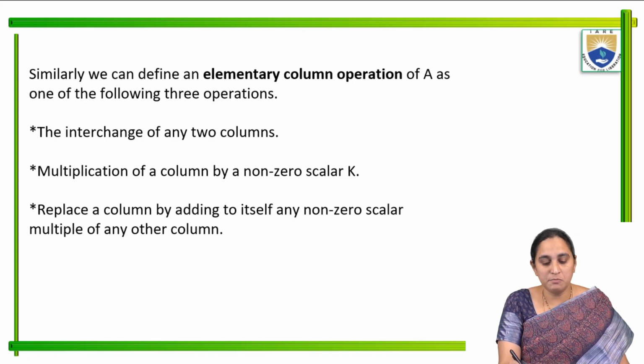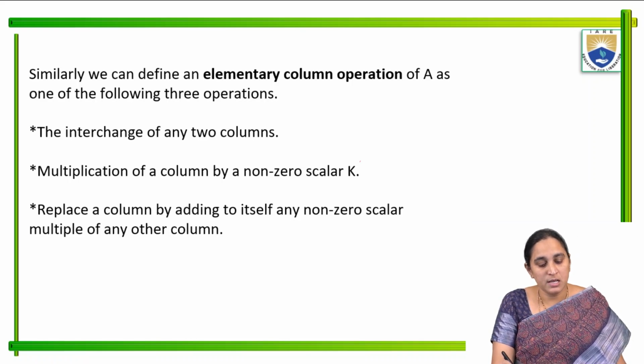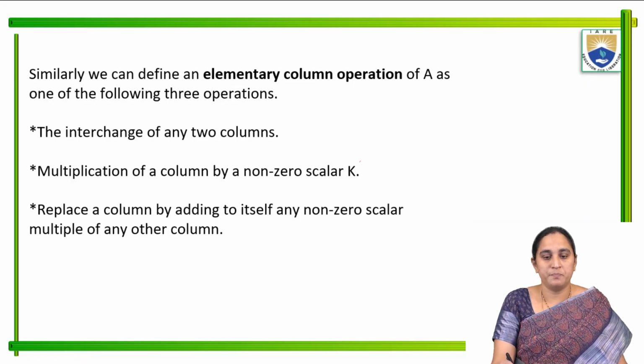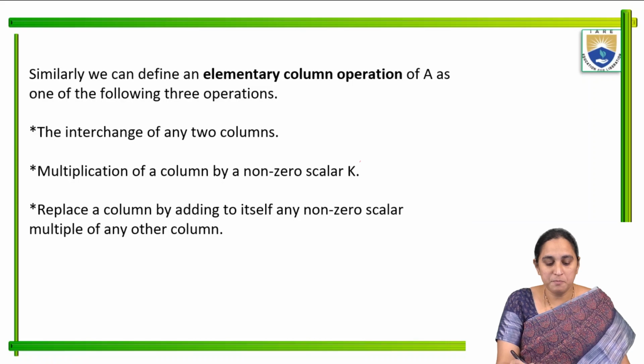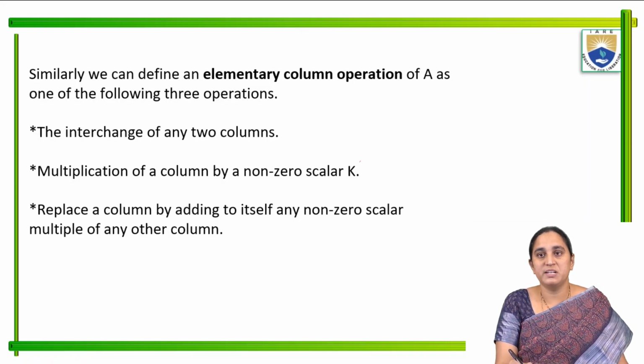The second is multiplication of a column by a non-zero scalar k. The third is replacing a column by adding to itself a non-zero scalar multiple of any other column.